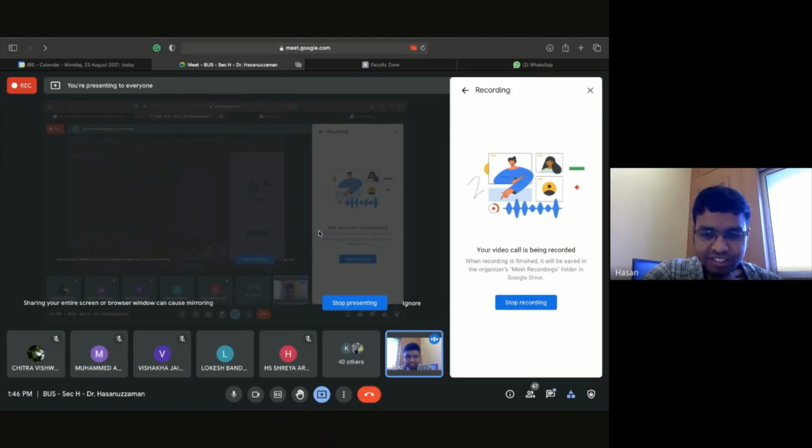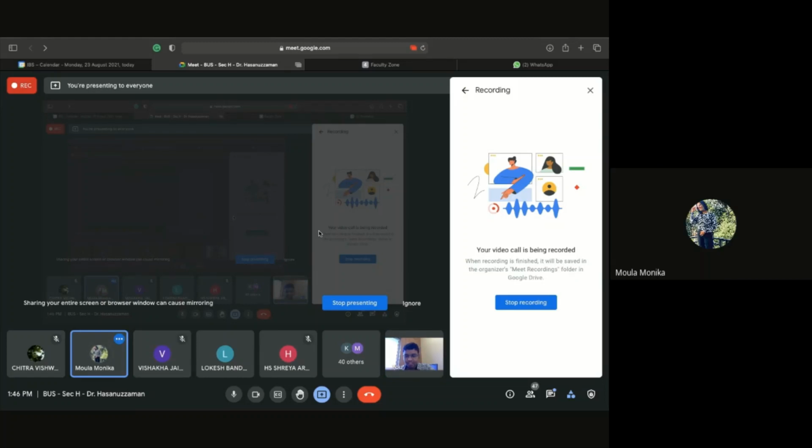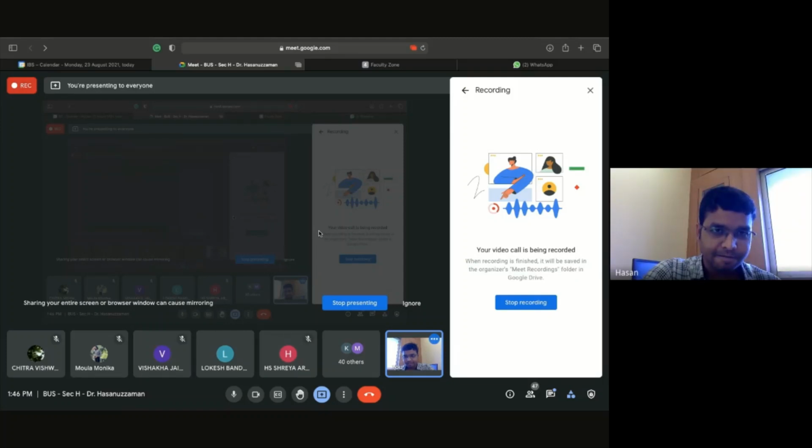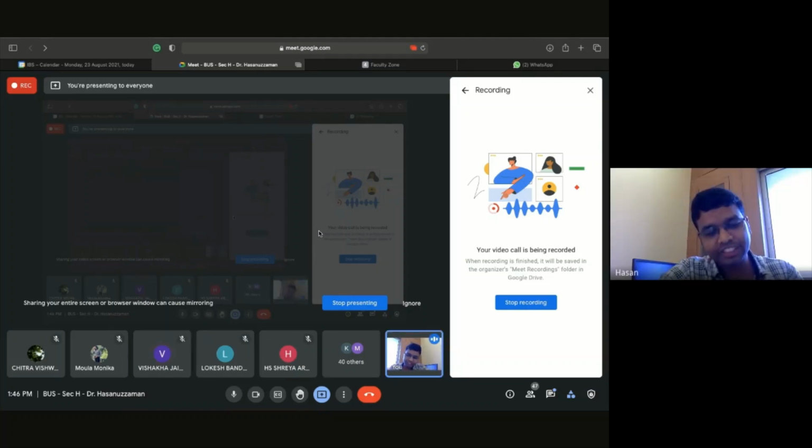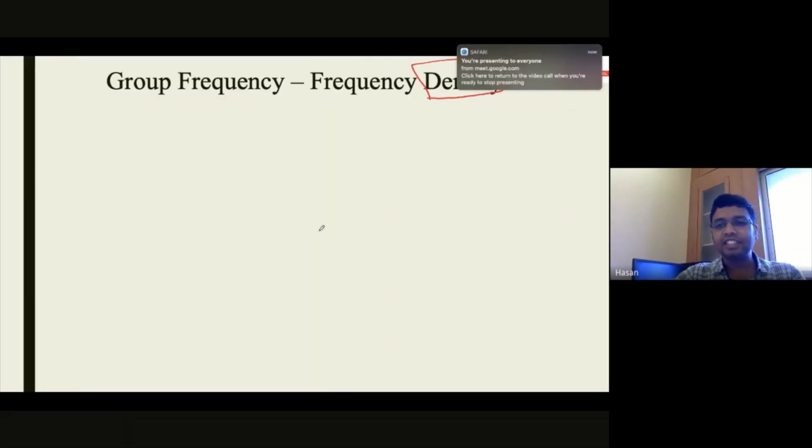What is density? Mass per unit volume, right? We measure it in gram per meter cube, gram per centimeter cube, like this. So density is mass per unit volume.